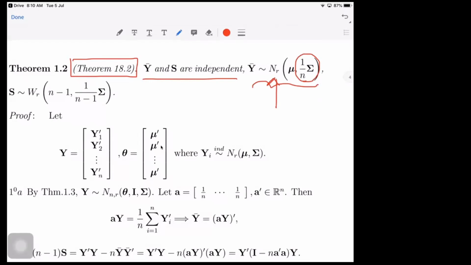And S, being a function of a quadratic form in y, will this time be a generalized chi-square called a Wishart distribution with n minus 1 degrees of freedom and a covariance matrix sigma over n minus 1. There is no delta here because delta here will just be equal to 0. So S will be a central Wishart distribution.